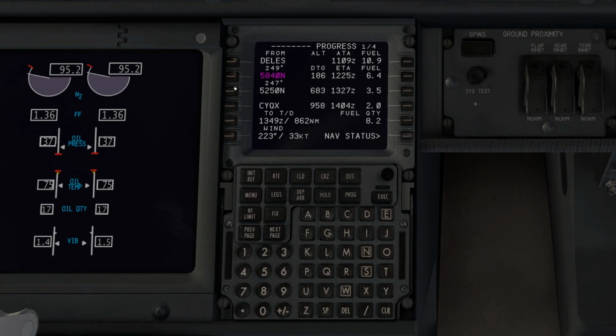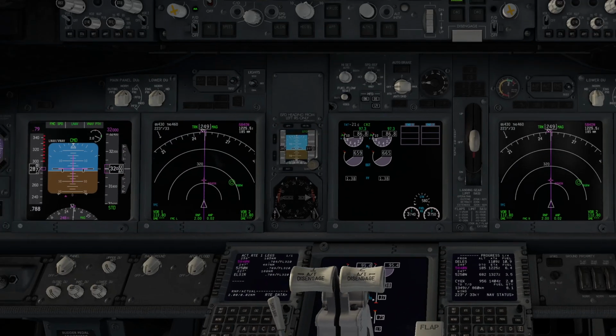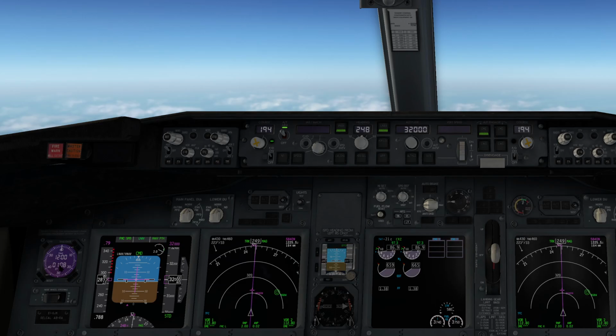So we have 3 airports within the 2 hours range. So the arrival in Gander is foreseen at 2:04, which is 2 hours and 5 minutes from now.